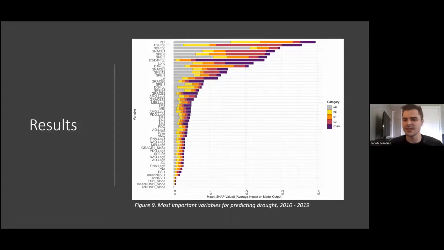And we can even see its importance on predicting each drought category. So for example, you can see it with the larger gray bar there, it's quite important for predicting no drought, but not as important for predicting D2 through D4, some of these more extreme drought values shown in these red and purple colors. Really, to understand the more severe droughts, we need some of these other data sets shown.